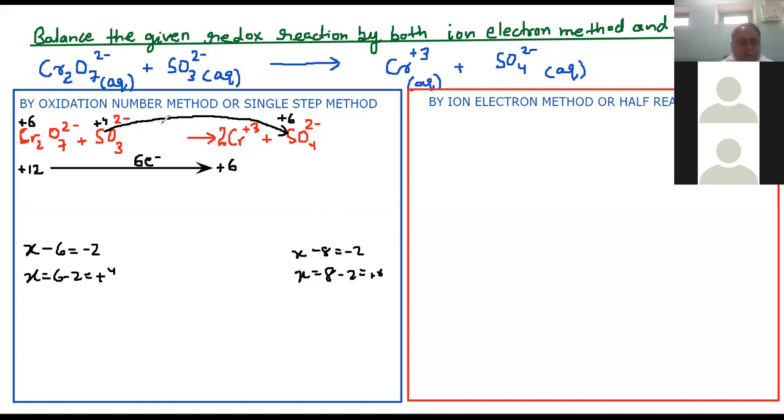So 2 electrons gain and loss is taking place. So we can multiply this reaction with 2 and this one with 6. Or we can simplify it by taking LCM 3.